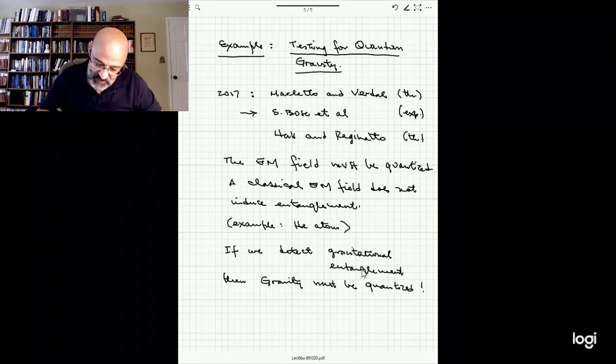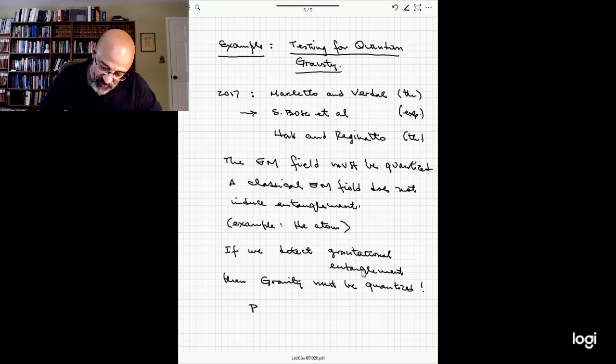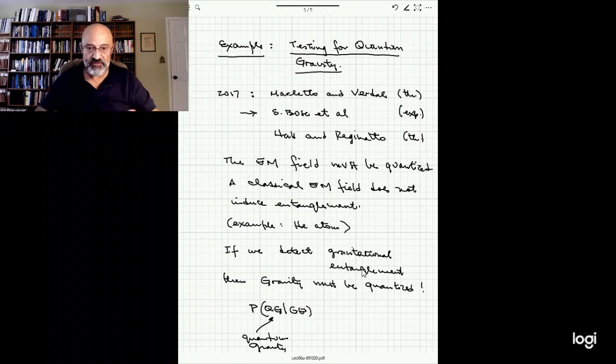Notice that what's being asked here is whether gravity must be quantized, quantum gravity, given that there is gravitational entanglement, right? This is what we want. You observe gravitational entanglement, must gravity be quantized?